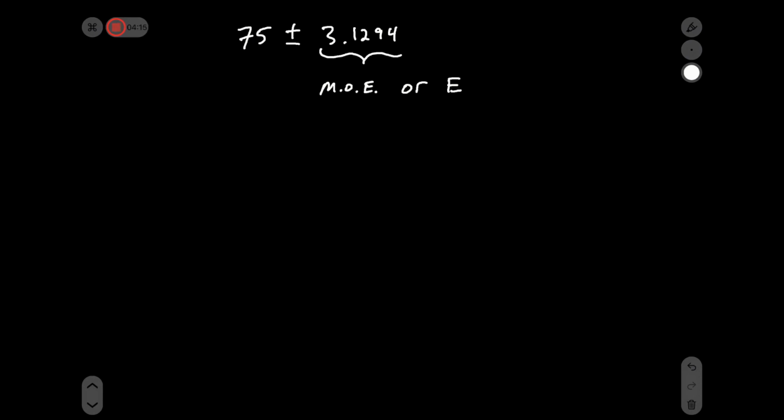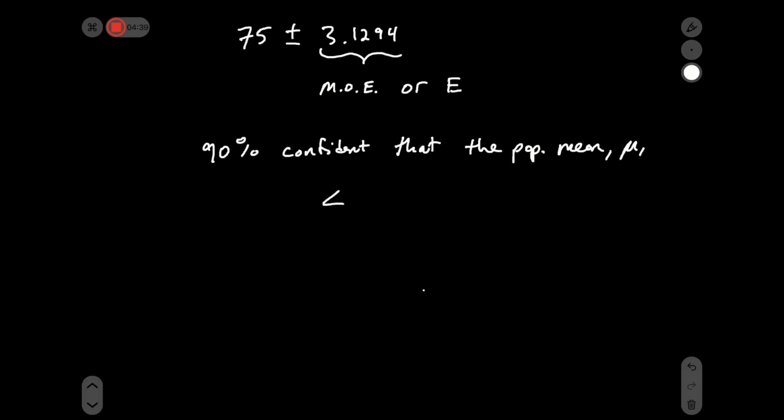In other words, we can rephrase this as saying that we are 90% confident that the population mean, mu, the mean test score for all employees, will be between 71.8706 and 78.1294.